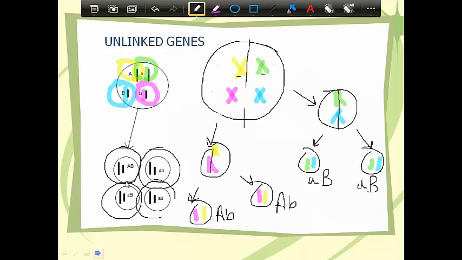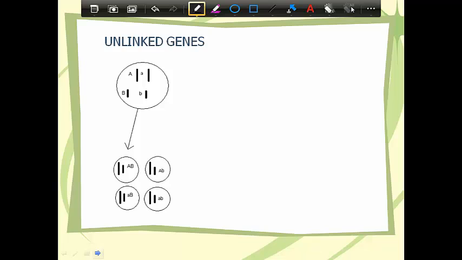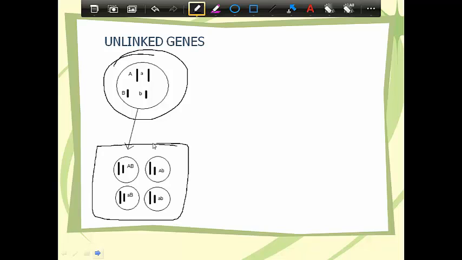So when I go back to the beginning and I say the unlinked genes that we have here could result in these 4 possible gametes, or these 4 possible egg or sperm cells. That's why, because they can line up in different ways in metaphase 1 of meiosis through the law of independent assortment, and we could have all the different combinations of alleles that are possible, like shuffling a deck of cards.